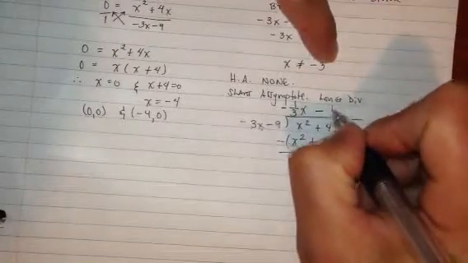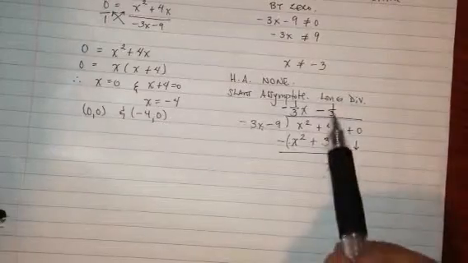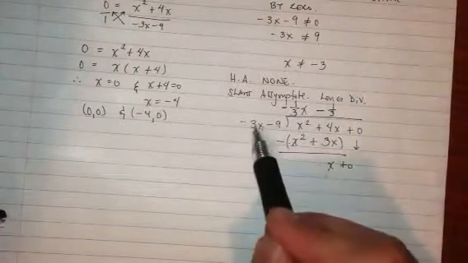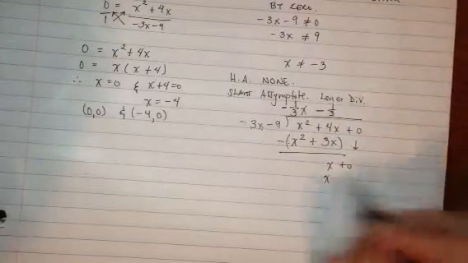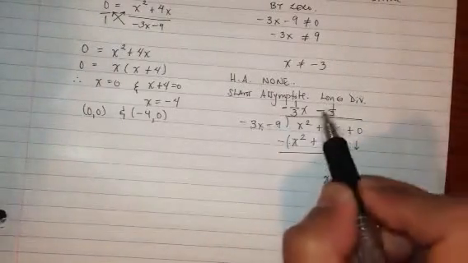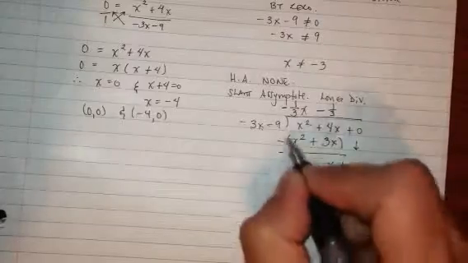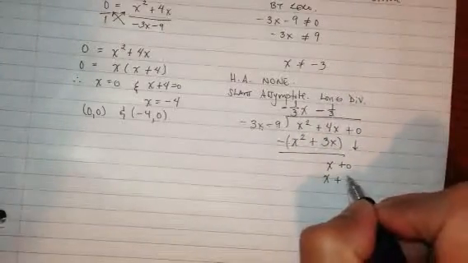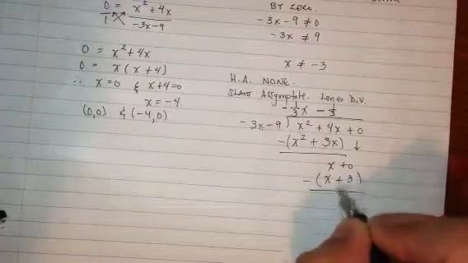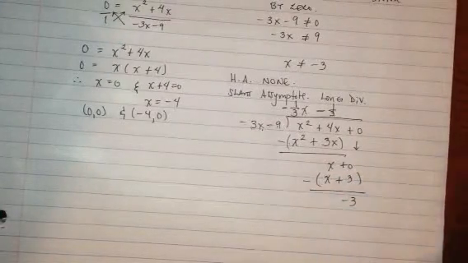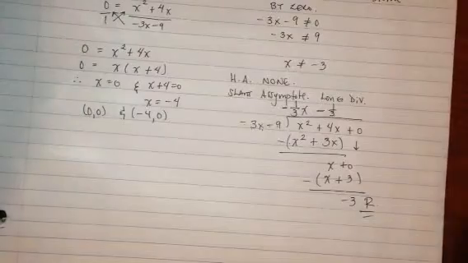Well, 3 times 1/3 is going to give me a 1. 3x times 1/3 is going to give you a positive 1. And then negative times negative, positive. 9 times 1/3, that's going to give you a 3. And that's a minus, and then 0 minus 3 is negative 3. And this guy, you remember, is our remainder.